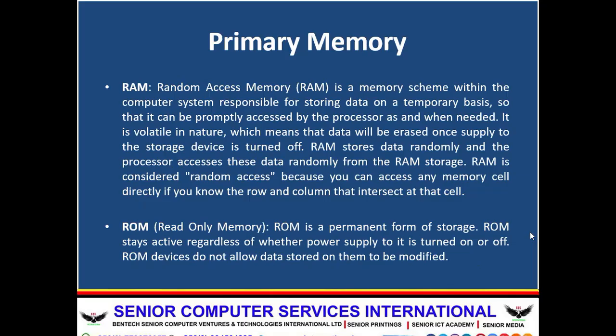RAM stores data randomly, and the processor accesses this data randomly from the RAM storage. That's why it is known as random access, because everything is done randomly. It's not in series. Data can be accessed from a memory cell directly if you know the row and the column that intersect at that cell.